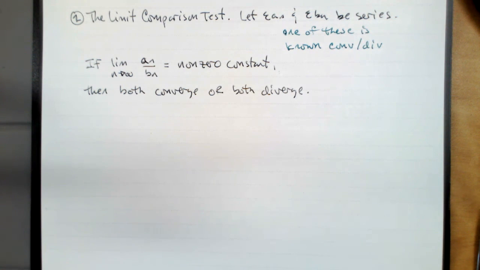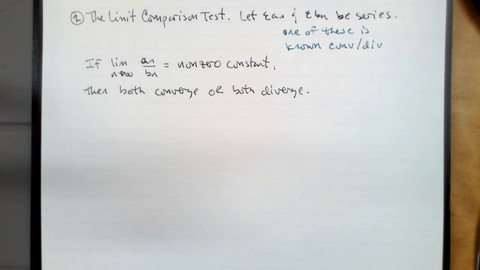So if the series AN is in question, we look at the ratio of AN over a known convergent or divergent series BN. We make the ratio of those terms and take the limit as n goes to infinity. If that results in a non-zero constant, then both converge or both diverge. That's why we have to know what's going on in one of the series.